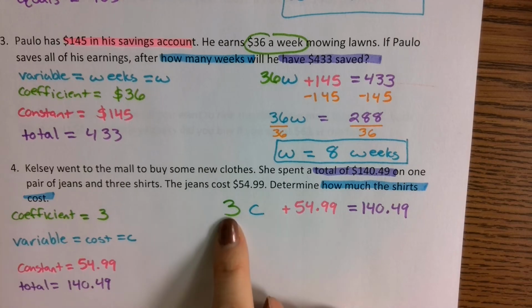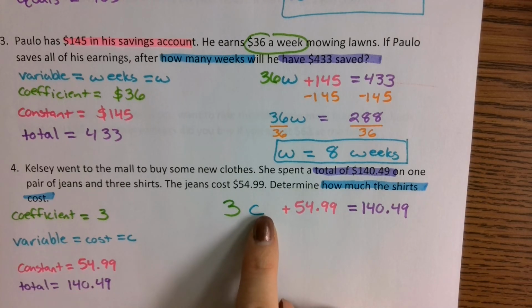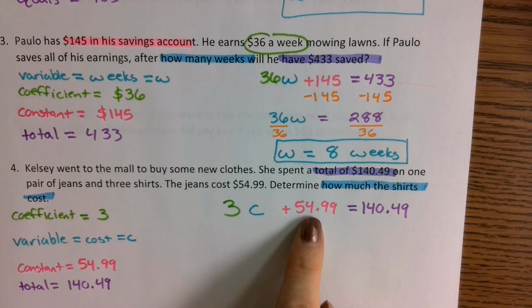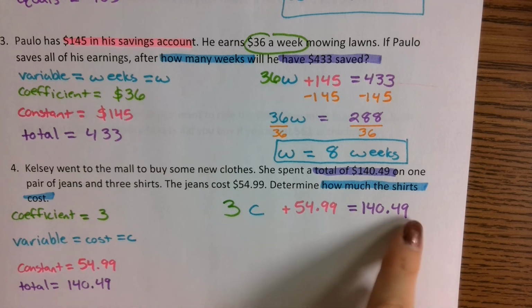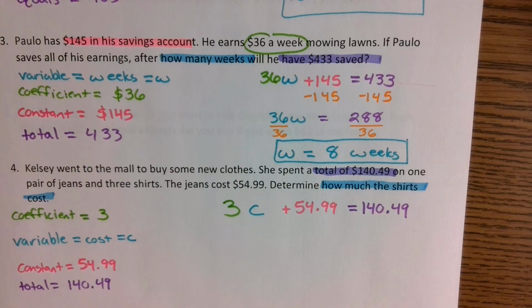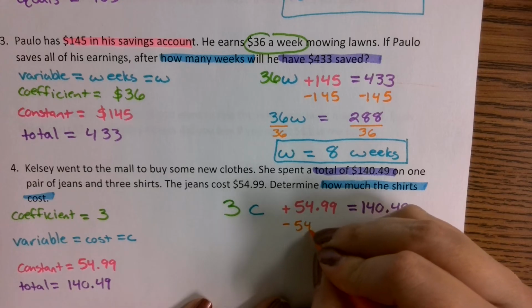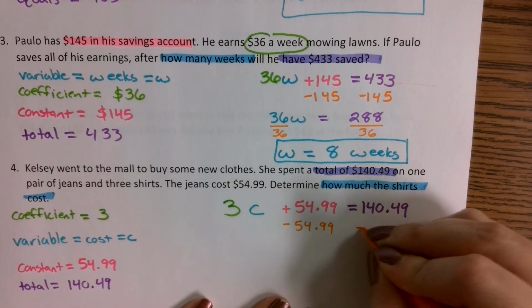So we have 3 shirts at a cost of an unknown value, plus 1 pair of jeans, which was $54.99, and my total comes out to $140.49. We can then start solving. We're going to subtract $54.99 from both sides.